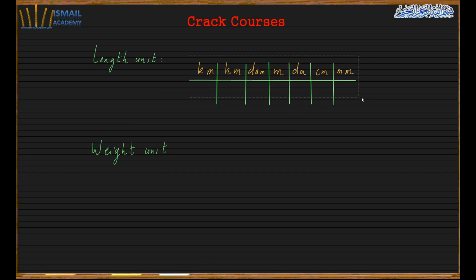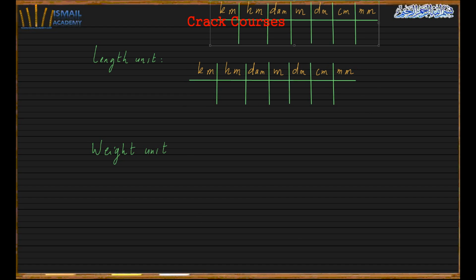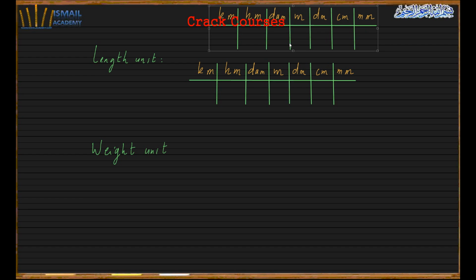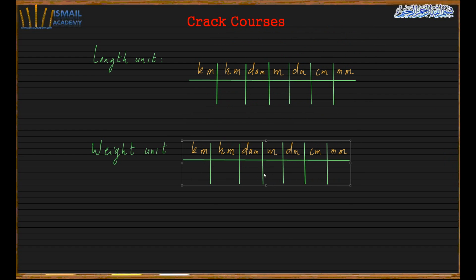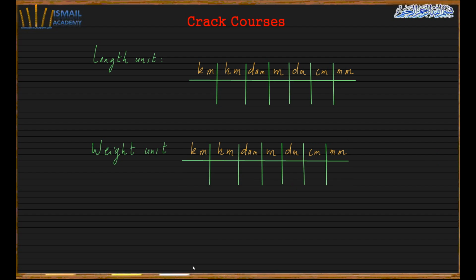So let me just copy this and paste it, but instead of having m, which is meter, I will just change it to g, which is gram. You see, it's the same thing. So my unit is gram, decigram, centigram, milligram, decagram, hectogram, kilogram, and the same thing again.